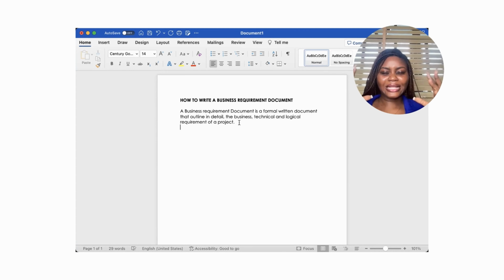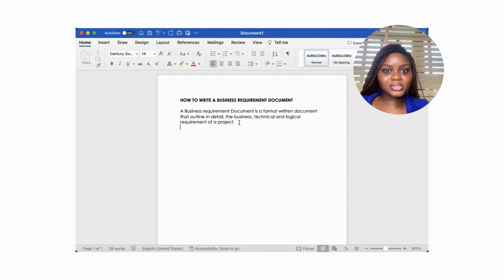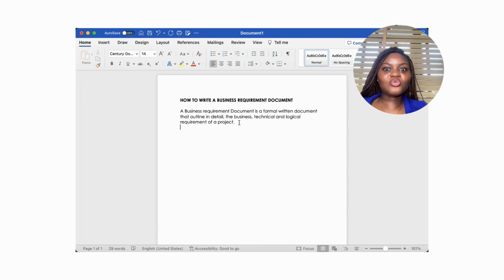So do you understand now that your document is the bedrock, the bone that holds the entire project together? If your documentation is off, it's going to lead the entire team astray, and the entire software development life cycle astray. So your requirement document is the big deal. It's not negotiable.